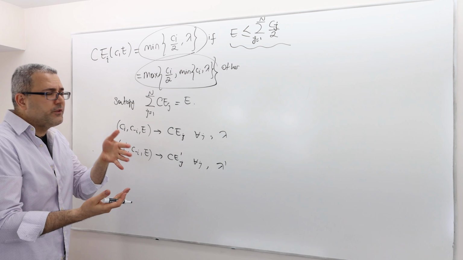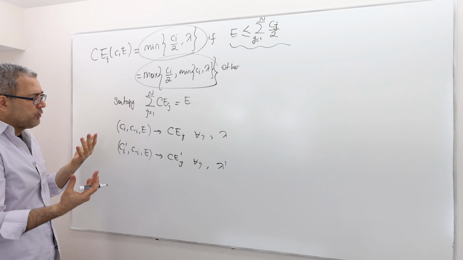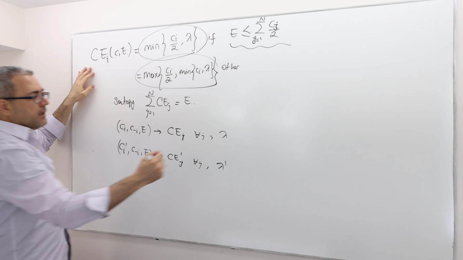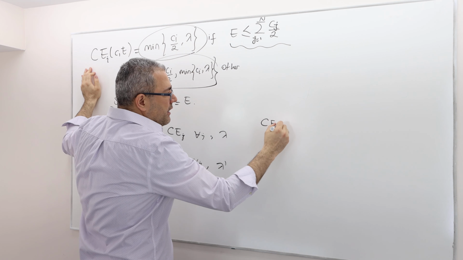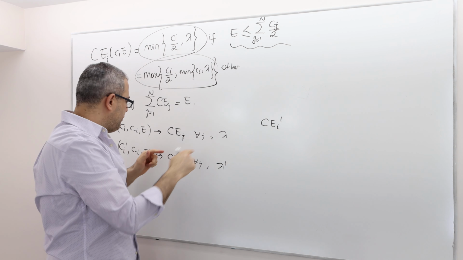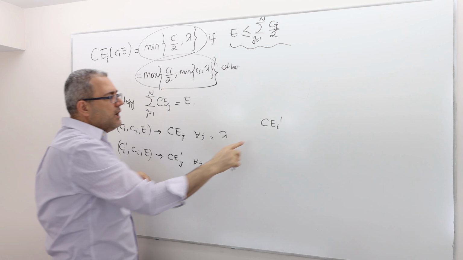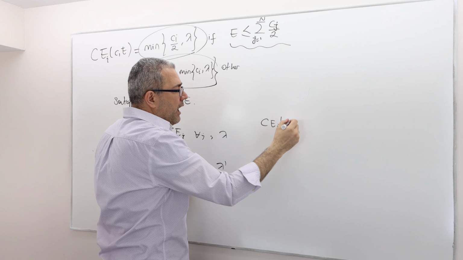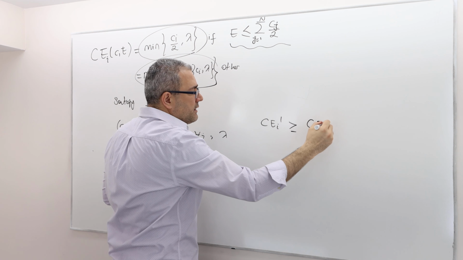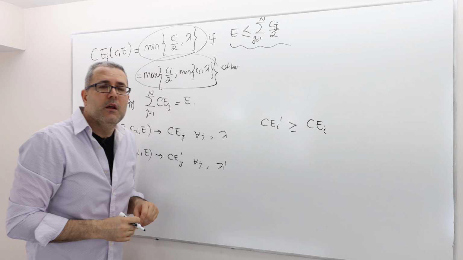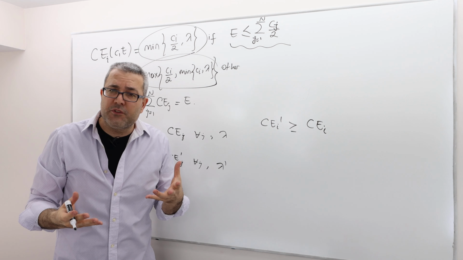Remember, in order to prove that this rule satisfies claims monotonicity, we need to show this. For player i, whose claim has increased, so I don't care about the other j players, CE_i prime has to be greater than or equal to CE_i. All right? Again, proof by contradiction.